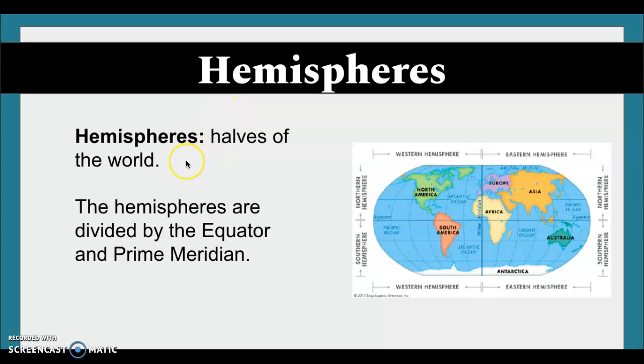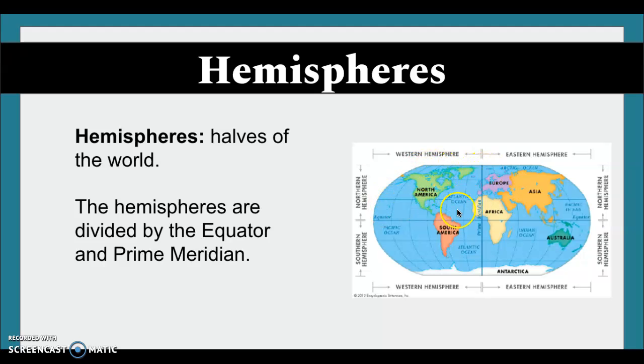Hemispheres. Hemispheres are just halves of the world, or the globe. So the hemispheres are divided by the equator as well as the prime meridian. The equator divides the globe into its northern hemisphere, you can see it in the brackets here, as well as the southern hemisphere. The prime meridian also divides the globe in half, into the eastern hemisphere and the western hemisphere. So within those, you also have the northwestern hemisphere.